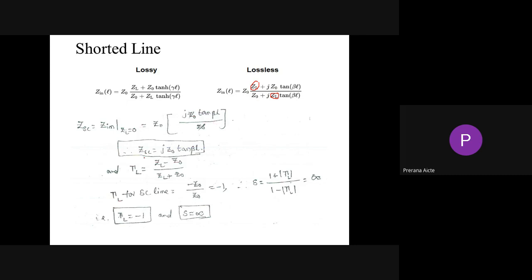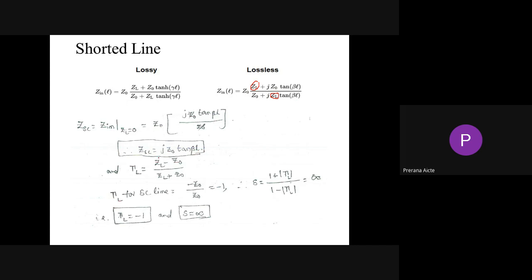Therefore ZSC, for a short circuited lossless transmission line, is equal to j Z naught tan beta L, where beta is the phase constant and L is the length of the transmission line.